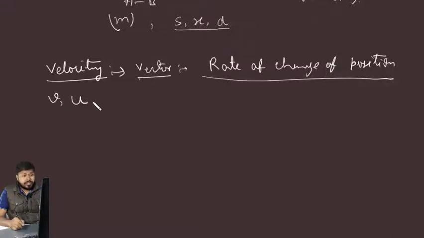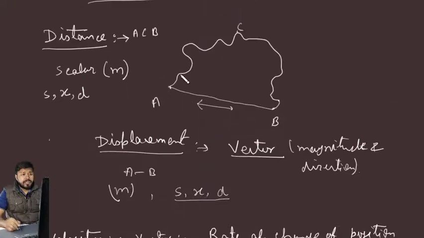Generally these are represented as v and u. Okay, so in my previous example, let's say the particle has gone from A to B through C in, let's say, 10 seconds.